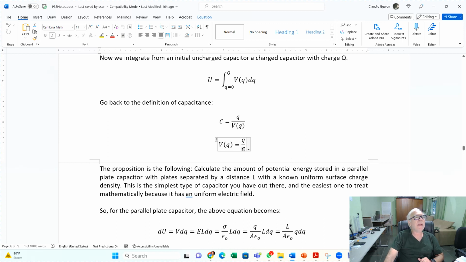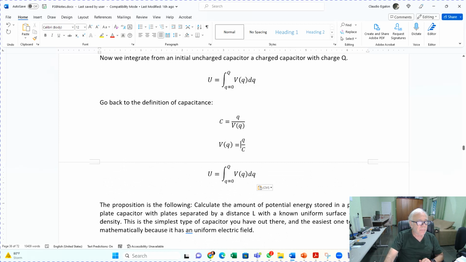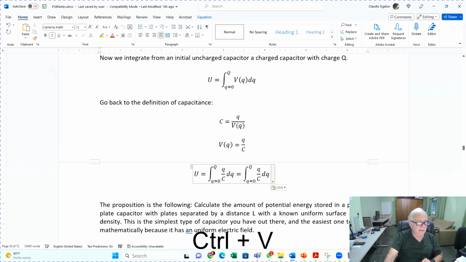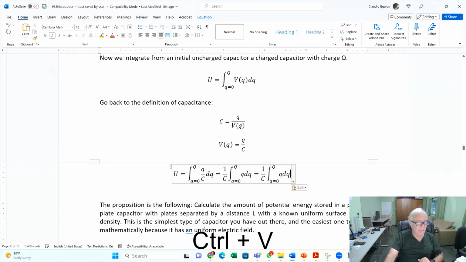It depends on the geometrical configuration of the device. And now it becomes easier for us to write this electric potential of my charge. Remember, the C doesn't depend on the charge, it depends only on the geometrical parameters of the capacitor, and that applies to every capacitor. And now we have this simple integral that we can use to solve our problem.